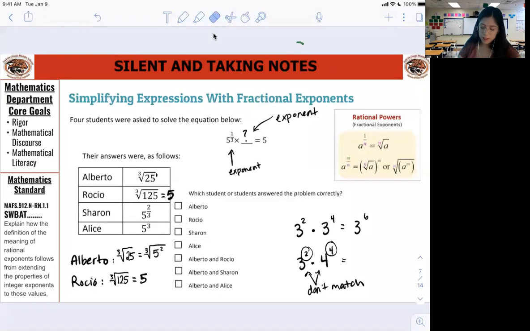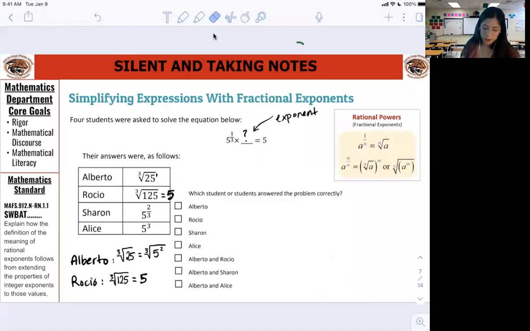So now I'm looking at this problem. I know that if I want to be able to multiply, because this is a multiplication problem, they must have the same base. So I want the base to also be a 5.